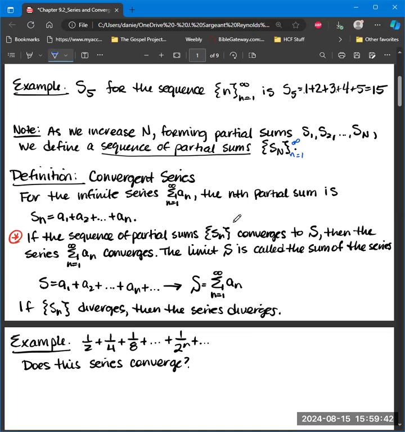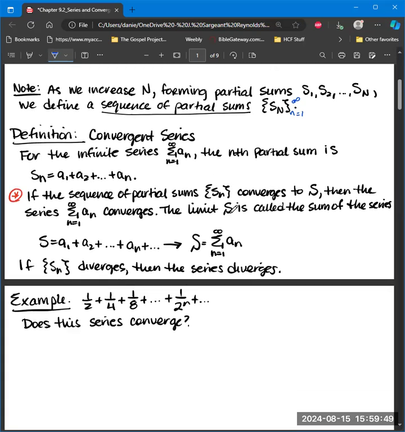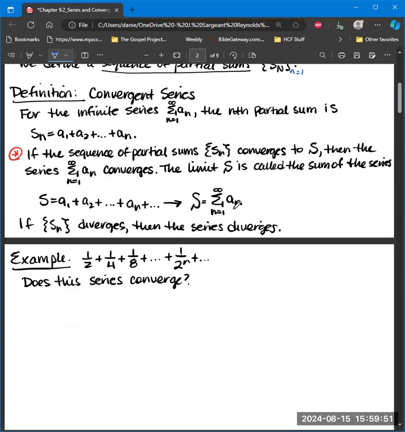So for a convergent series, for the infinite series of a sub n from n equals 1 to infinity, the nth partial sum is S sub n equals a1 plus a2 plus dot, dot, dot, plus a n.